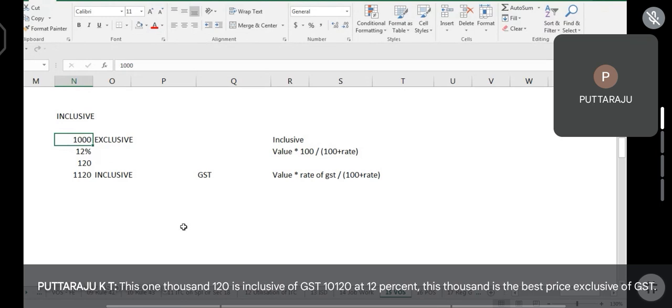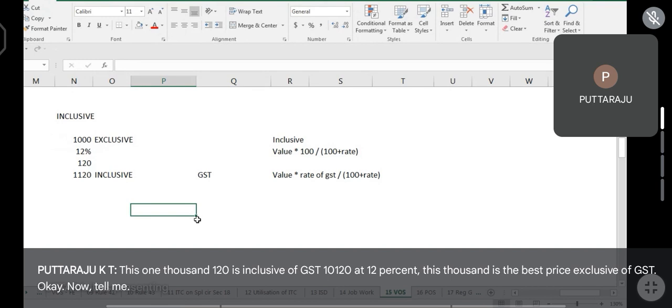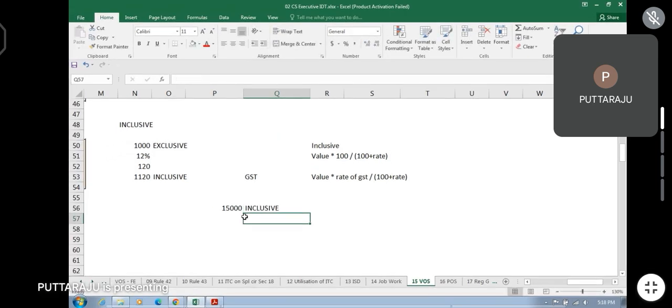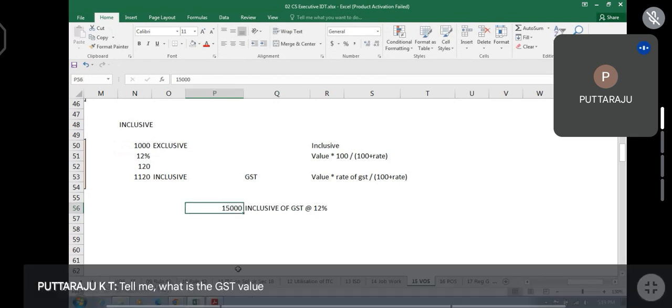Okay. Now tell me, if the value of supply is 15,000, what is the GST value included in this?